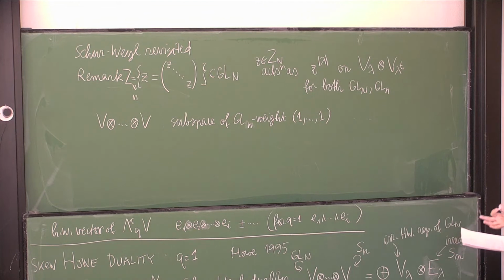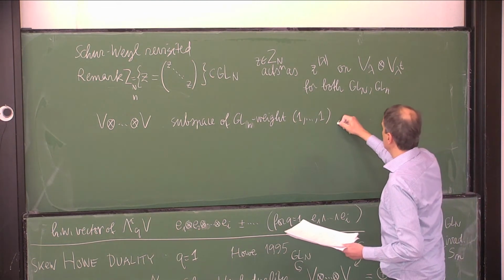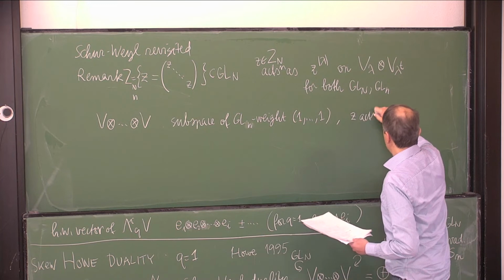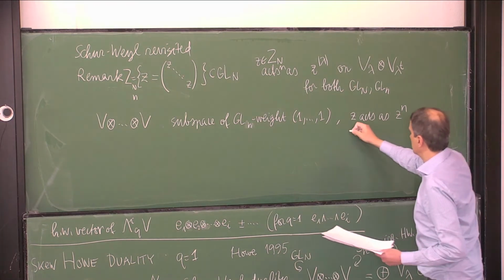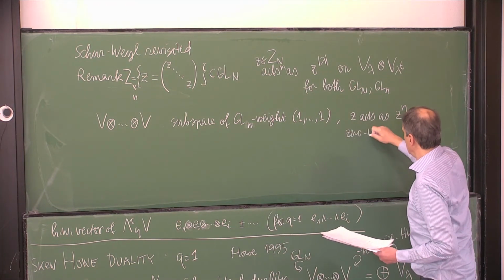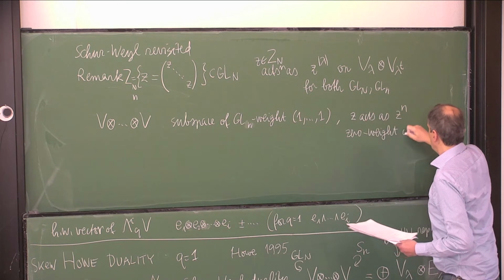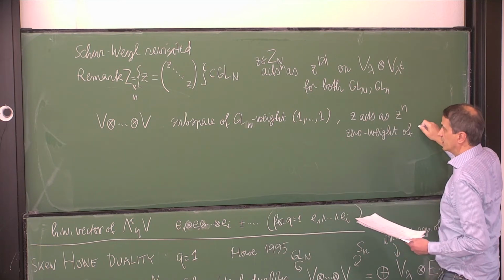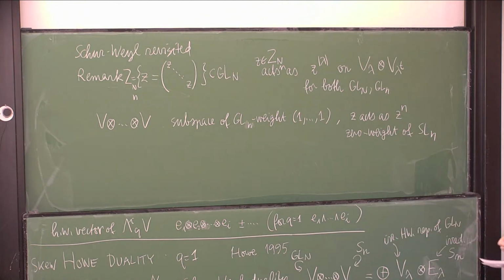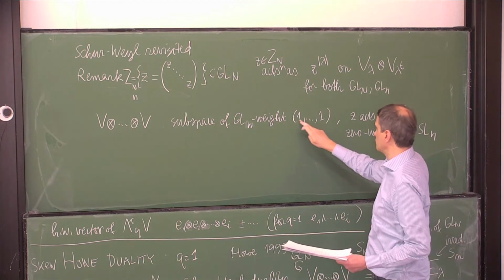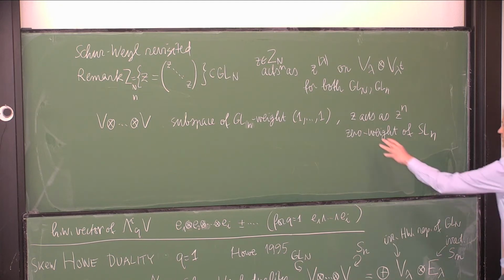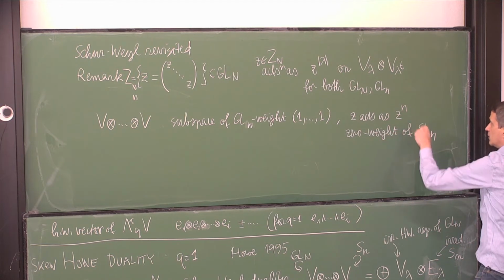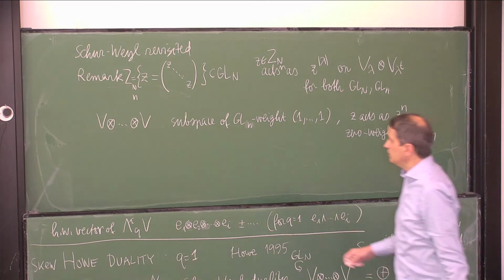So it means that Z acts as Z to the n, and it is zero weight for the subgroup SL_n. For SL_n it's ratios of weights, and so it acts trivially. So it's really the zero weight space, except for this, which will tell you the size of the partition.